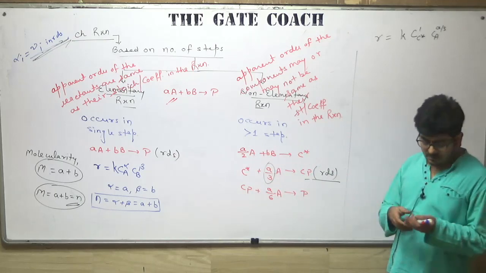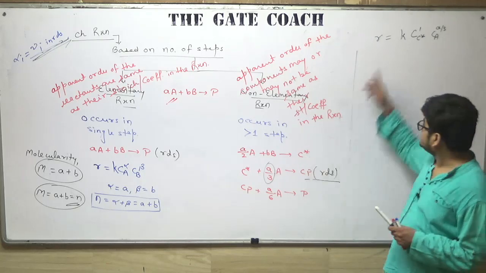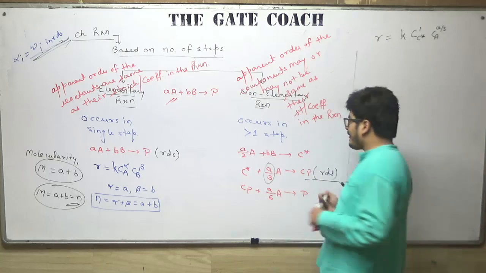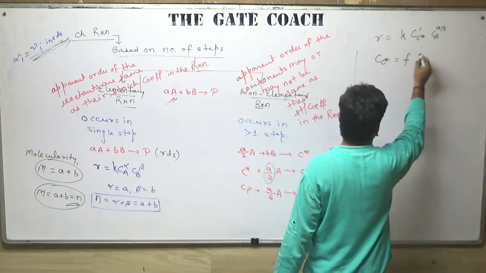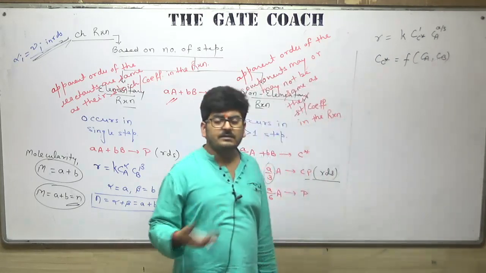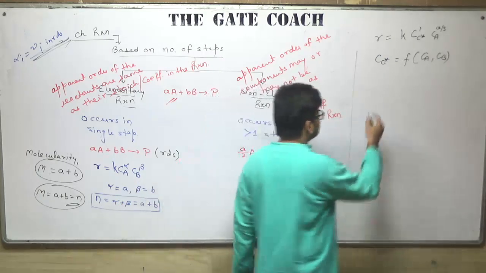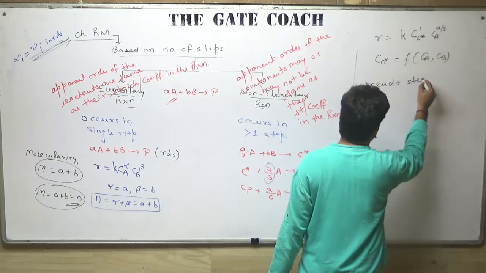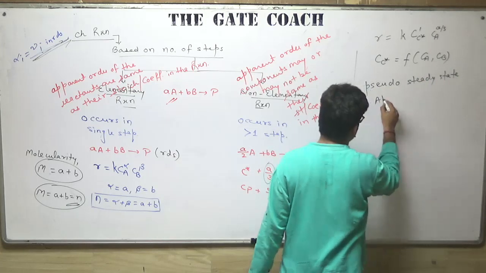So what we have to do? We have to eliminate the C star in terms of Ca and Cb. So if you want to eliminate C star in terms of Ca and Cb, then you can use n number of methods, and the most popular method is pseudo steady state approximation.